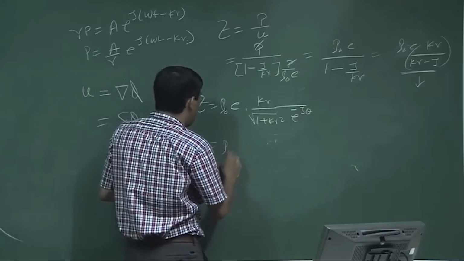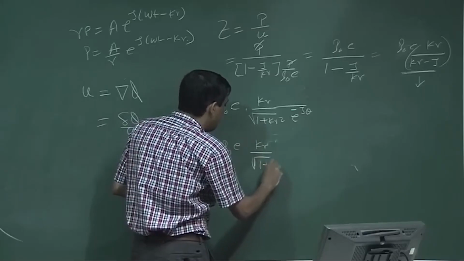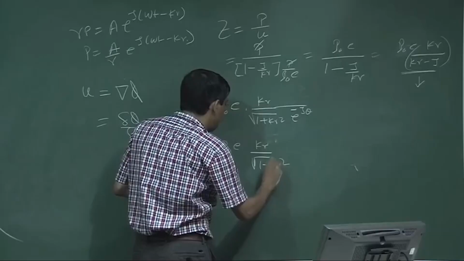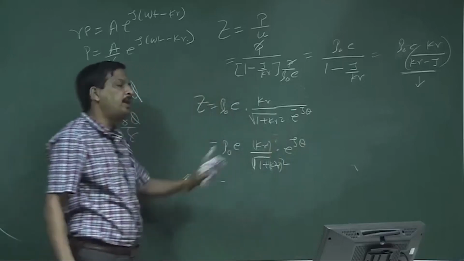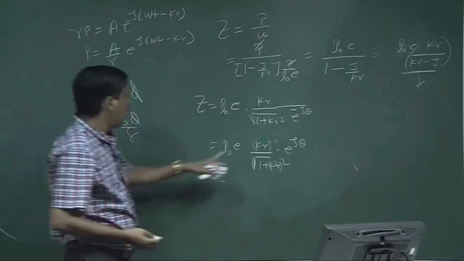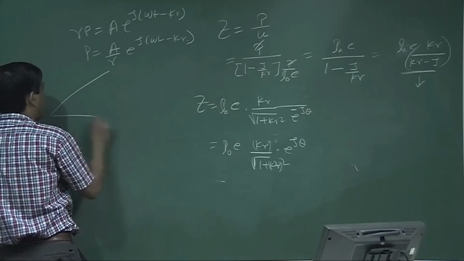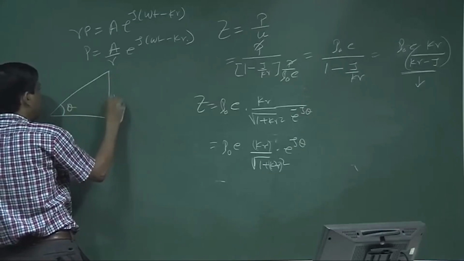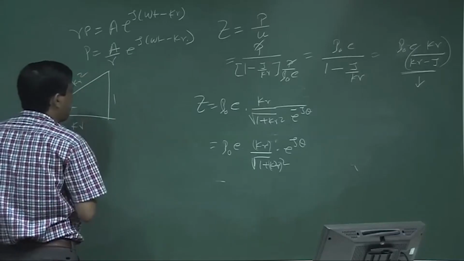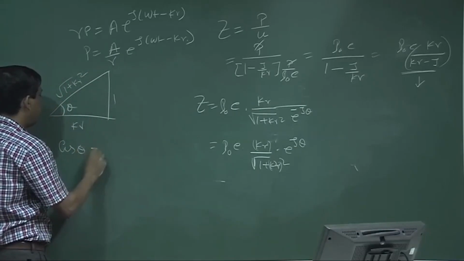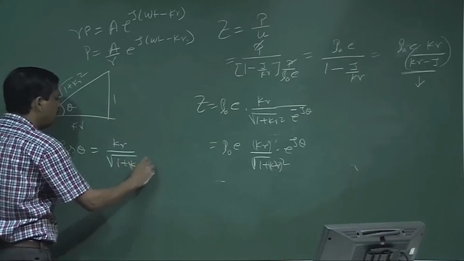Same thing, I can write rho 0 c k r by root over 1 plus k r square into e to the power j theta, since minus becomes plus when it goes up. Now, what is k r by root over 1 plus k r square? We have drawn the triangle this way: this is theta, this is 1, this is k r, and this is root over 1 plus k r square. So, what is cos theta? Cos theta is nothing but the base divided by root over 1 plus k r square.